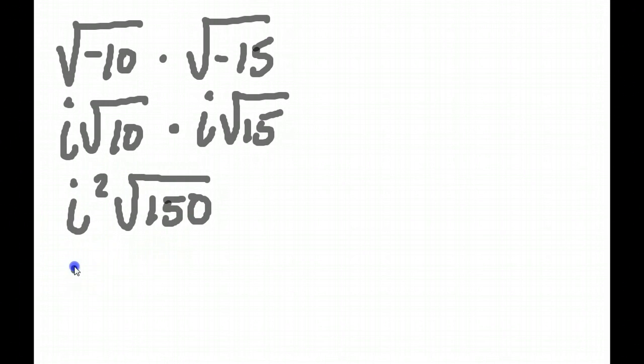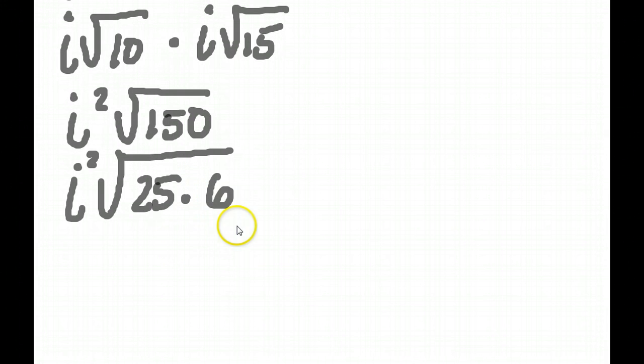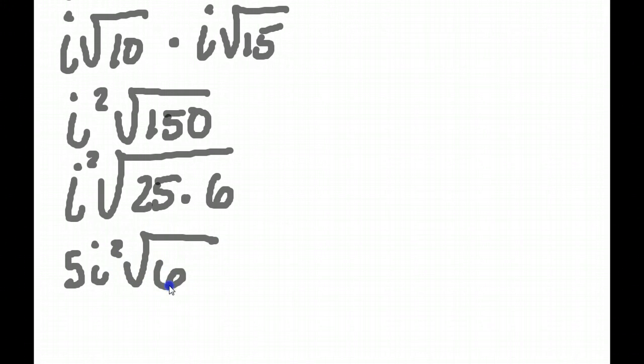So 150, looking at it in terms of factors, is i squared square root of 25 times 6. And we can pull out that 25 because it's a perfect square, so that comes out as a 5. So we have 5i squared times the square root of 6.